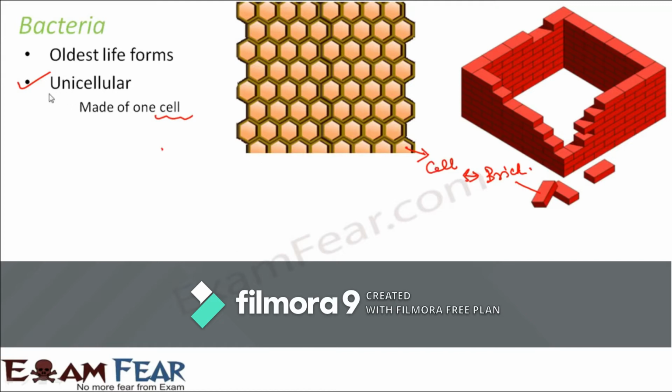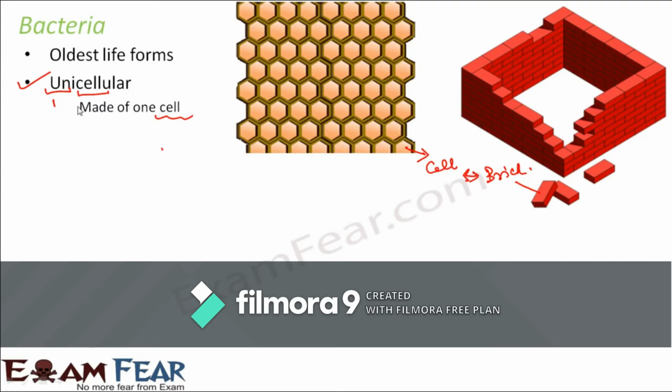Uni means one, and that is cell. So an organism made up of just one cell is like just one brick forming the entire building. Similarly, a living organism which is made up of only one cell is called unicellular. So bacteria are unicellular, but if you take the example of human beings, we are all multicellular.